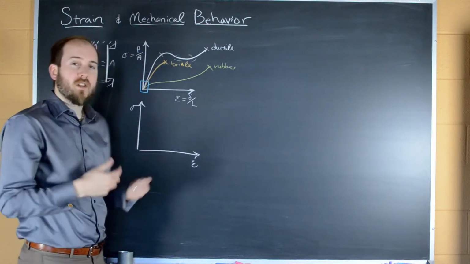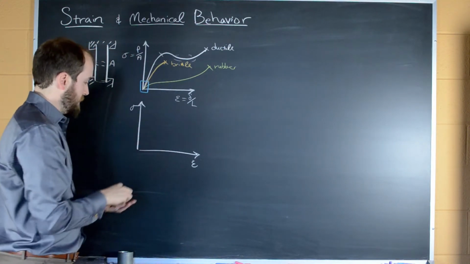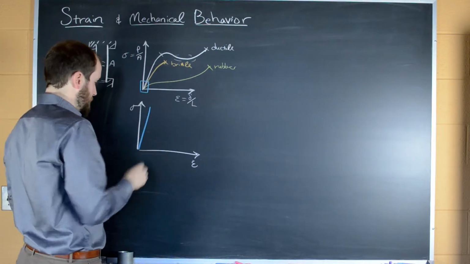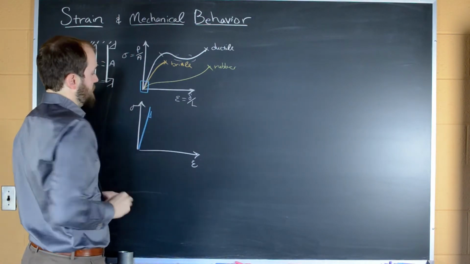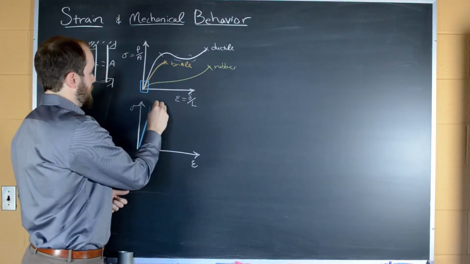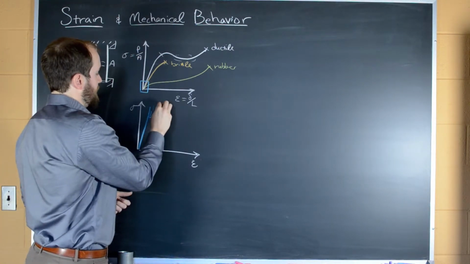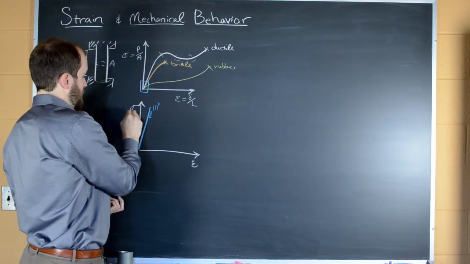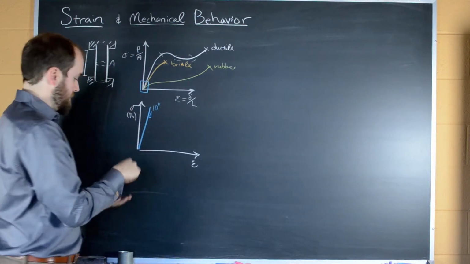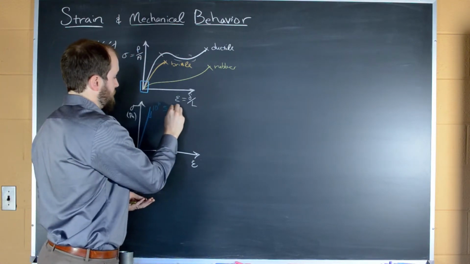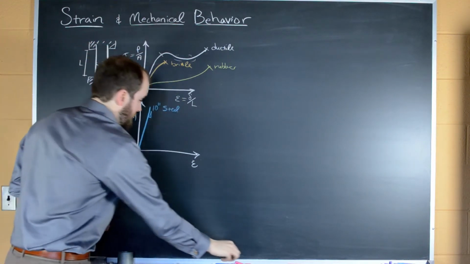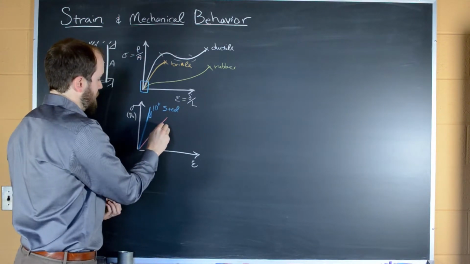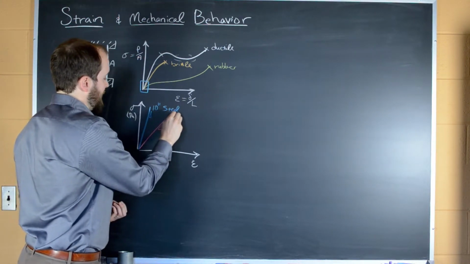And so if you look at various materials in this linear region, you see that something like steel will have a stiffness on the order of 10 to the 11 if the units on the y-axis are Pascal. Those thermoplastics that we talked about will have a slope of about 10 to the 9.